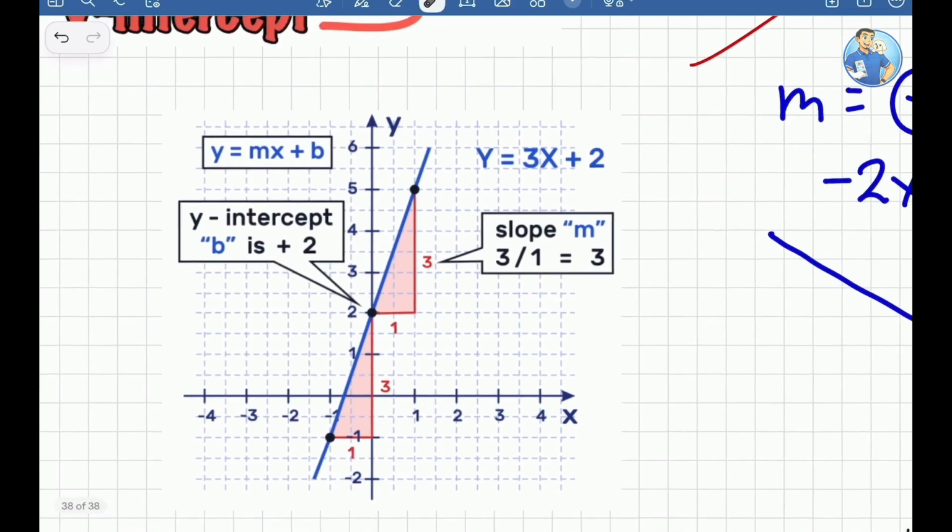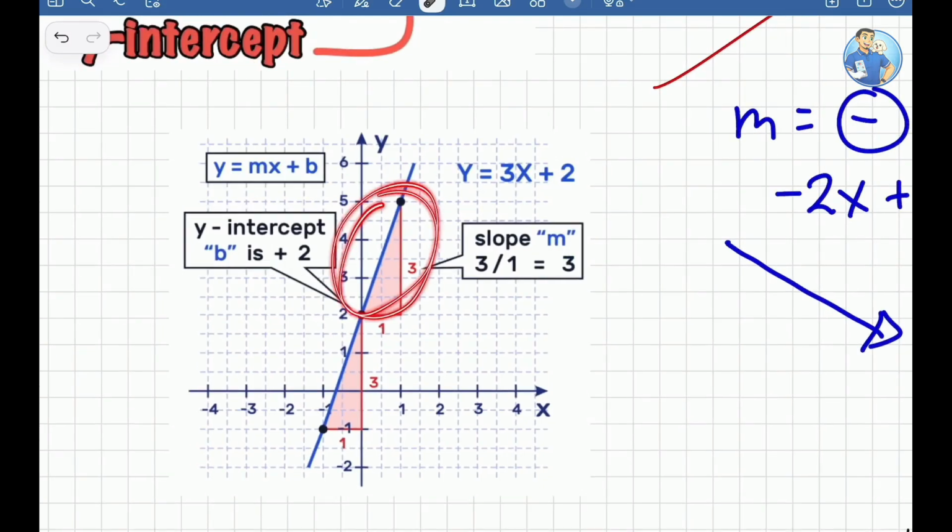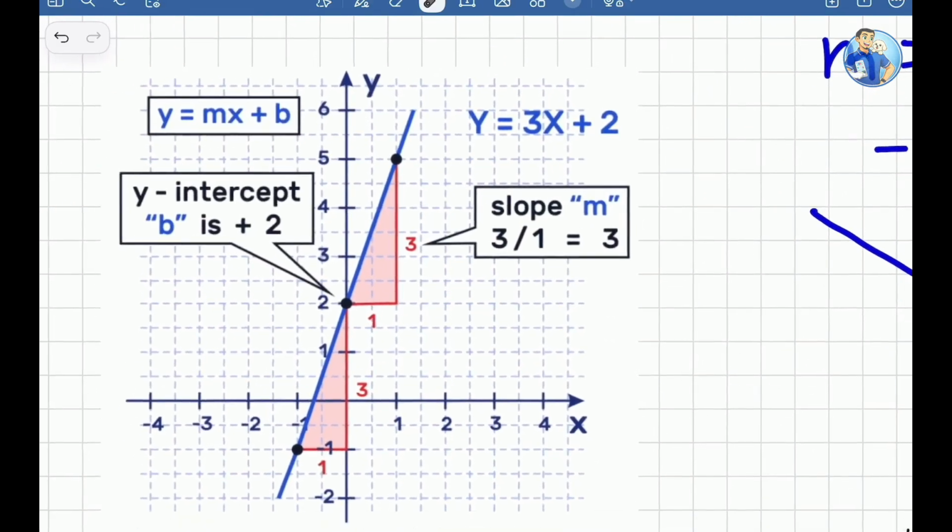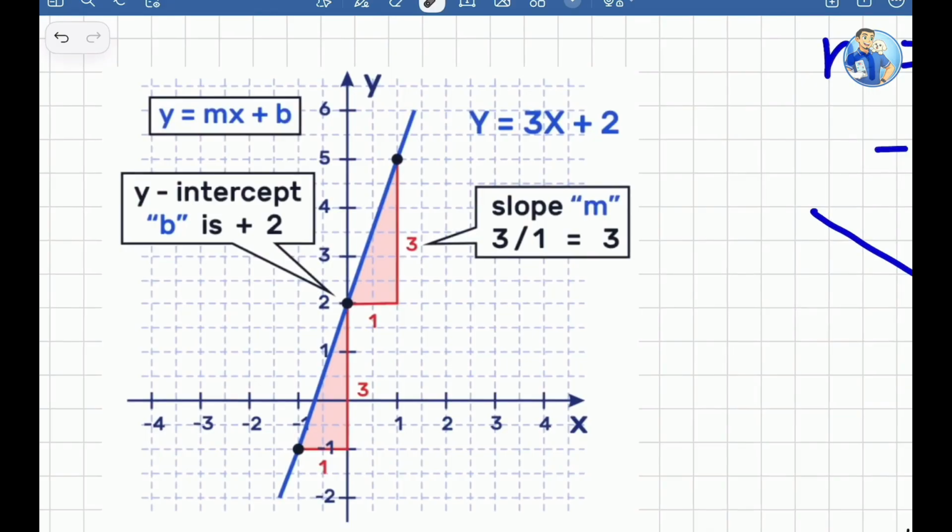Then, considering the slope, we were saying the slope can be positive or negative, its inclination, the steepness, but it is also the rate of change. Pay attention to this definition, because in this specific example, when the slope equals 3, what is the meaning?